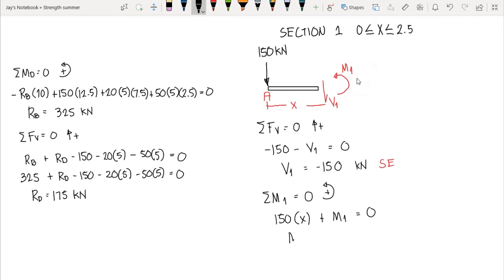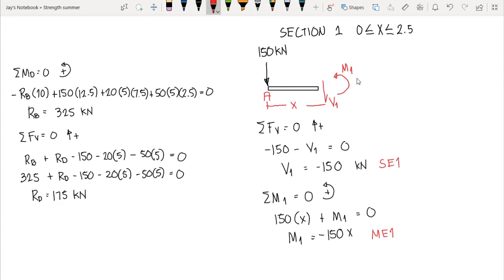So we have our moment equation at section 1 equal to negative 150x, and this is negative since we transposed it to the right side of the equation. And this is our moment equation at section 1. And this one is the shear equation at section 1.